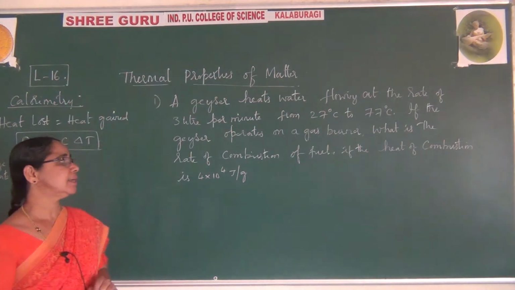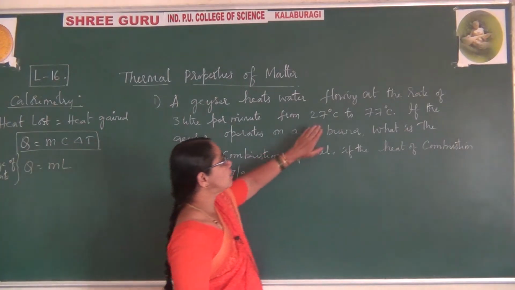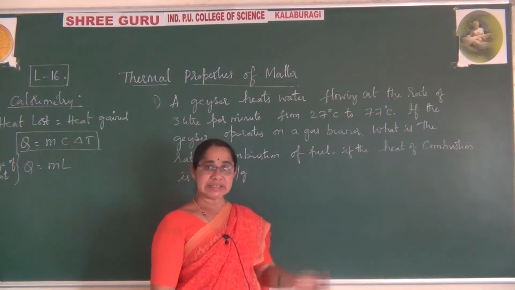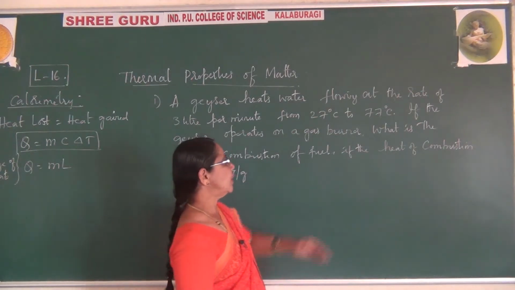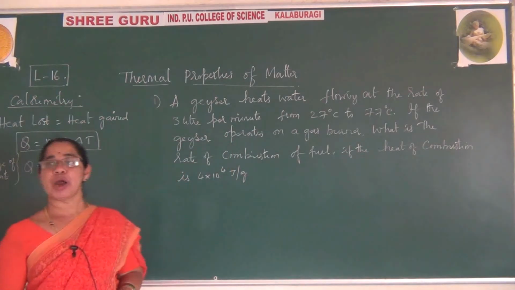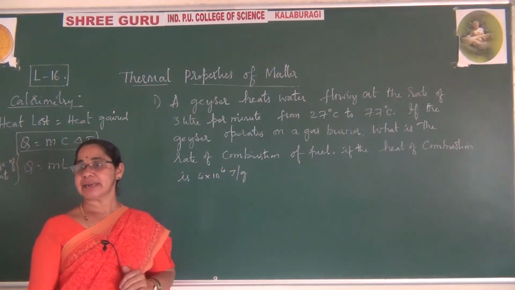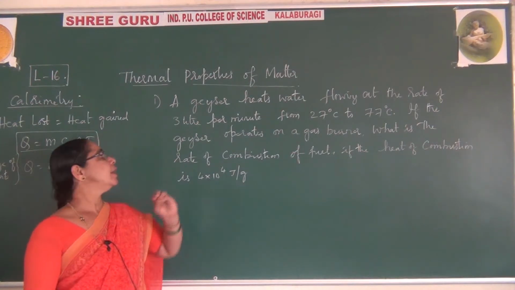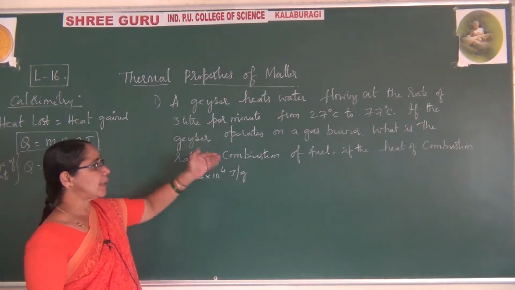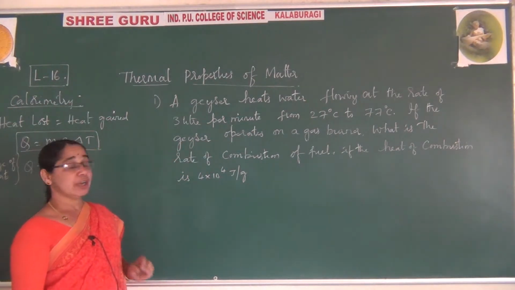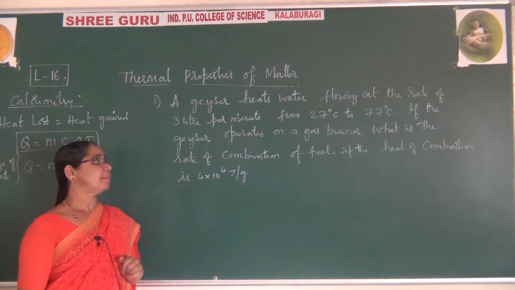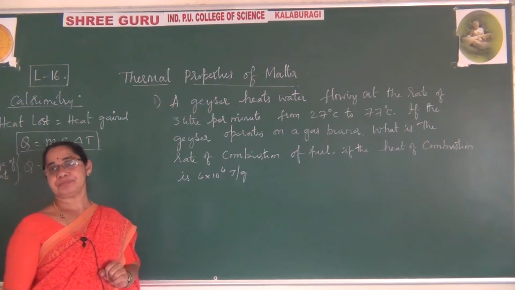What do you mean by this here? Earlier the water before heating was at 27 degrees centigrade. Once the geyser has heated it up, now it has become 77 degrees centigrade. So you have heated the water using the geyser. If the geyser operates on a gas burner, what is the rate of combustion of fuel?